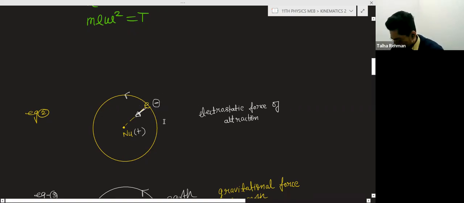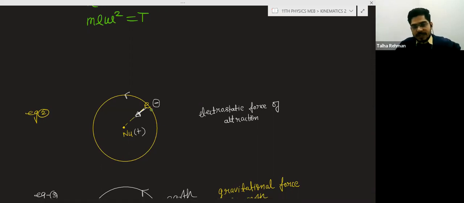For circular motion there is a requirement of centripetal force. The nucleus is positively charged and the electron is negatively charged, so there is an electrostatic force of attraction. Here the electrostatic force of attraction, Fe, will provide the centripetal force to the electron, so that the electron is able to move in a circular path.